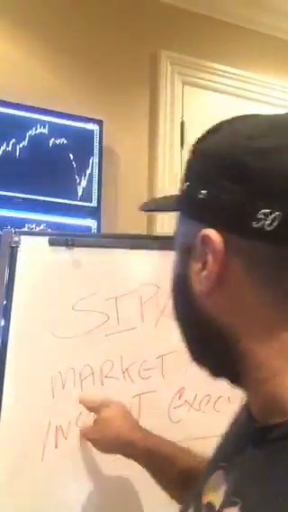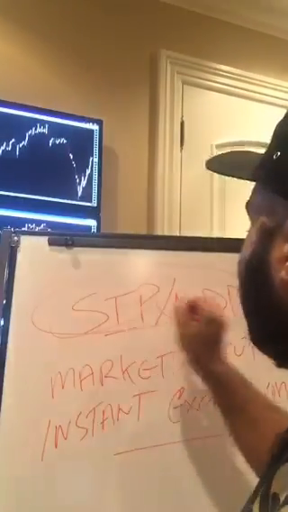So for example, if major news comes out and you're trading on market execution at an STP broker and you set the Euro USD to buy at 131.40 and it spikes really fast, it's not going to buy at 131.40. It's going to buy at 131.60 because the market slipped. Because at that very second, there was not enough liquidity in the real markets to provide that price point for you.